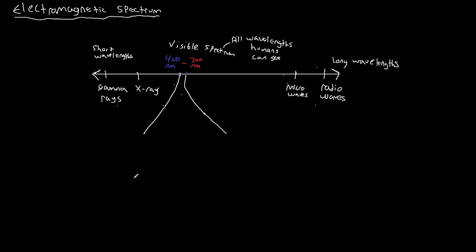So the first region is going to be from approximately 400 to approximately 500. Actually, let's go ahead and throw some units in there. 400 to 500 nanometers. Right, this is going to be your blues.